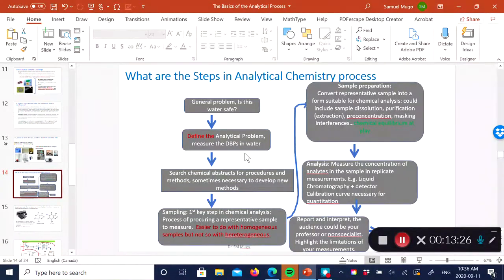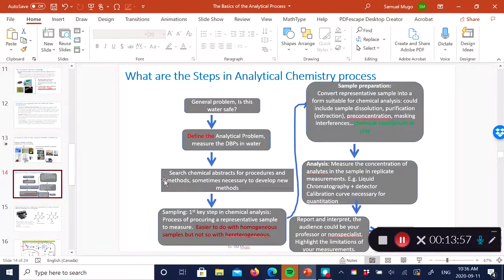And so you have to define the analytical problem: I'm gonna measure, say, the organic compounds or contaminants present in the water sample. When you define the analytical problem, the next step is to determine the best analytical method to do the analysis. If we do not have an official method that is already out there, you may be forced to go to the literature, to try and figure out, from what others have done, can you use similar types of techniques to solve the problem.